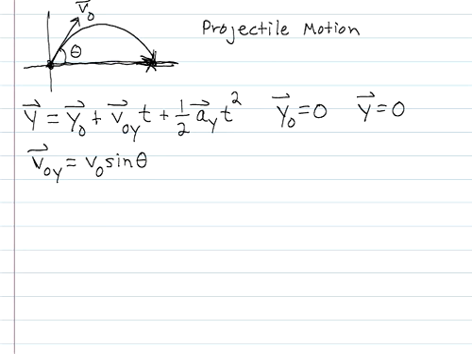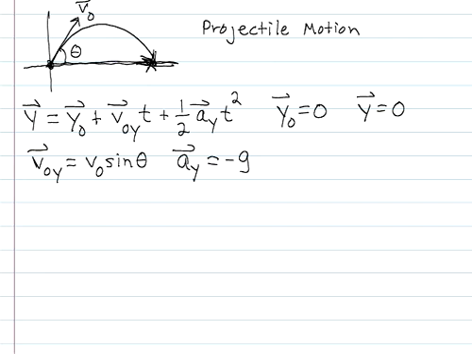For projectile motion problems, the acceleration in the y direction is caused by gravity. Gravity pulls things down, causing them to change their velocity, and the downward direction is negative. So the y component of the acceleration is negative g, g for gravity.